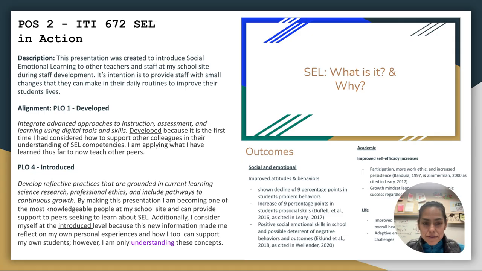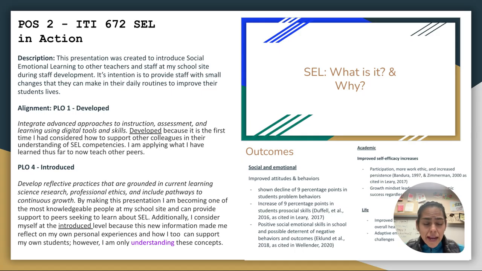And to the right, I have a few examples of those slides. I align this with PLO 1 as developed because it's the first time that I had considered how to support other colleagues in their understanding of the SEL competencies.